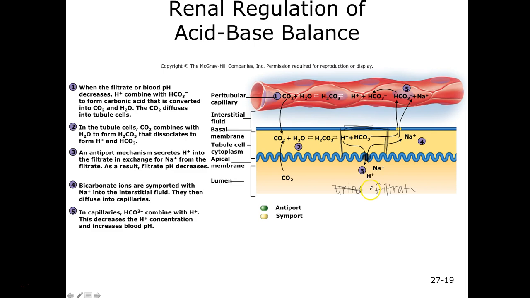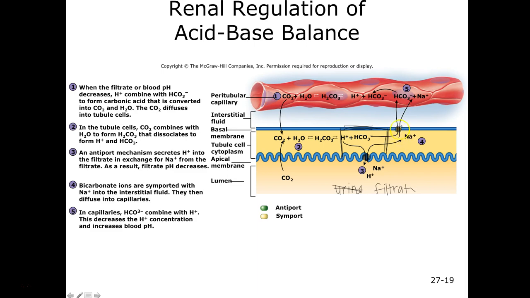That's what we want to do when we have our pH decreasing. We need to get rid of these hydrogens. We don't want to become too acidic. And what we exchange for that is a sodium ion. And so we need another transporter. This is a symporter, so we can move 2 molecules or ions across at the same time.